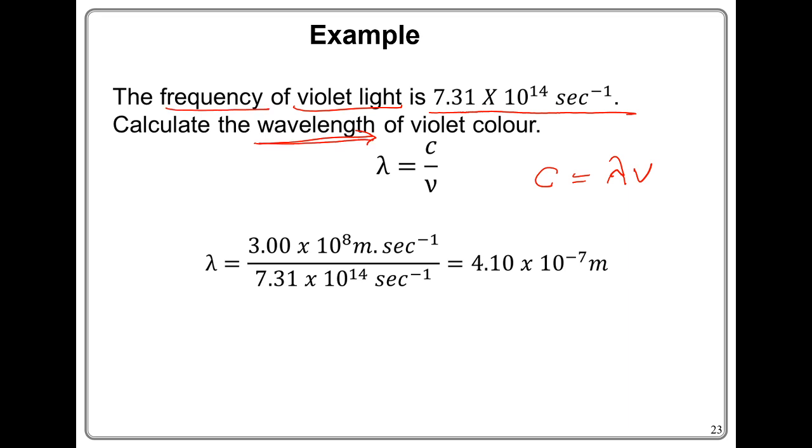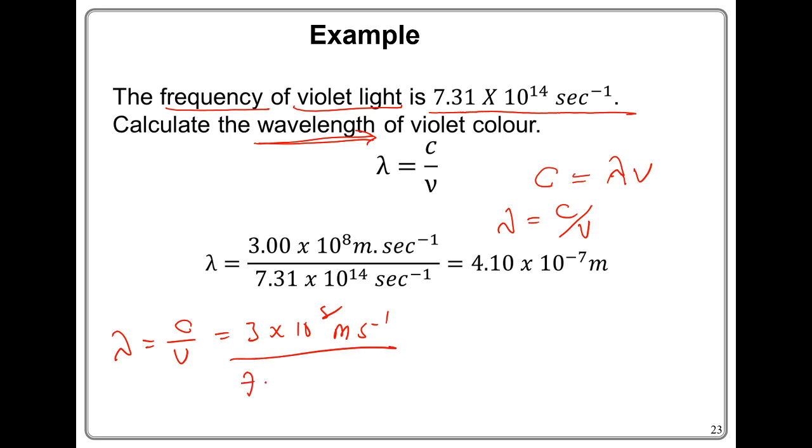So we make the wavelength the subject of the formula, meaning wavelength equals c divided by frequency. Substituting, this equals 3 times 10 to the power 8 meters per second divided by 7.3 times 10 to the power 14 per second.